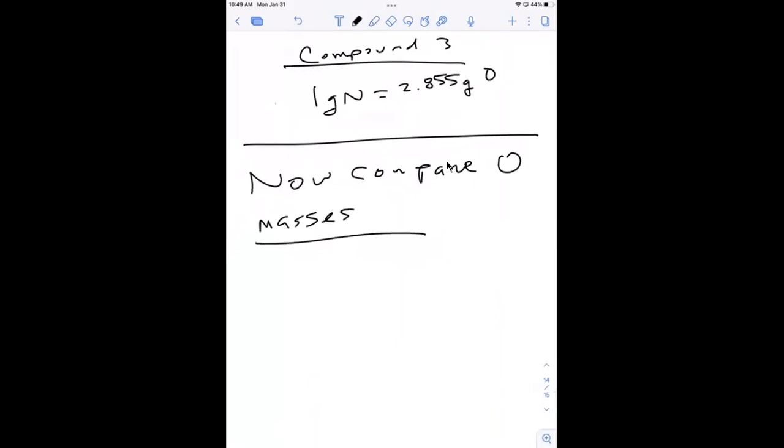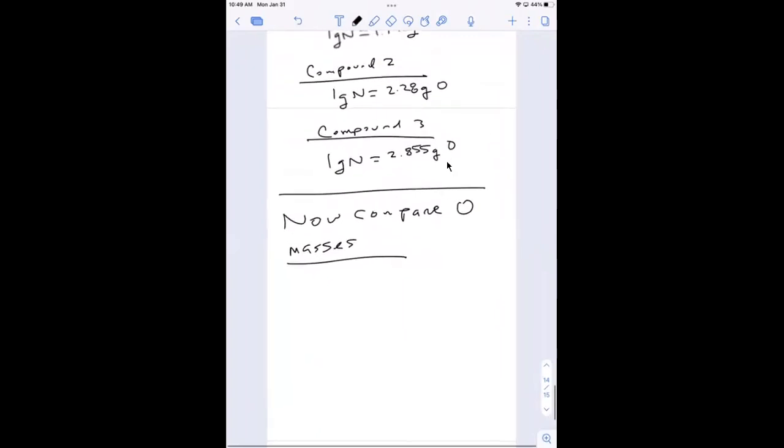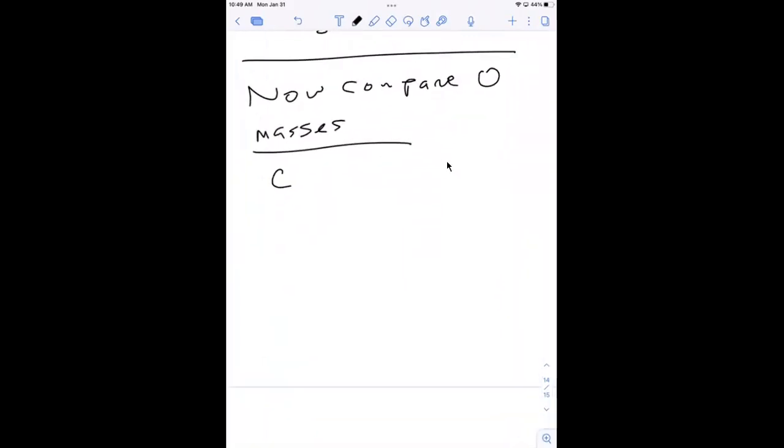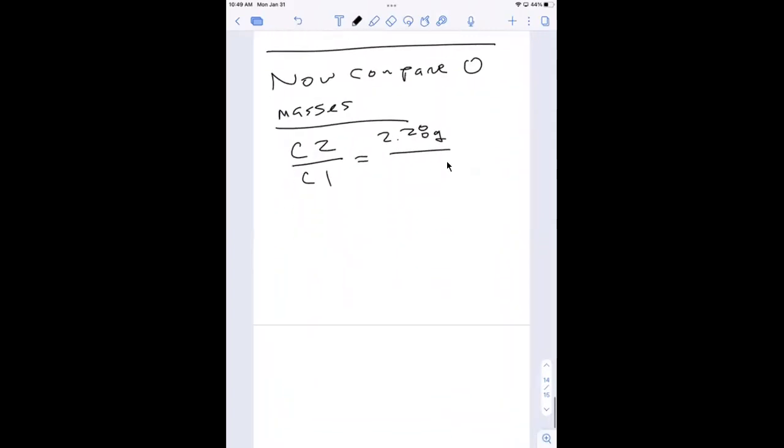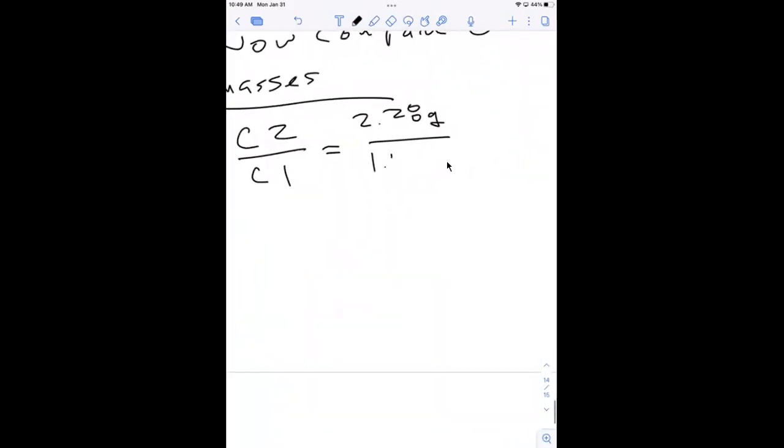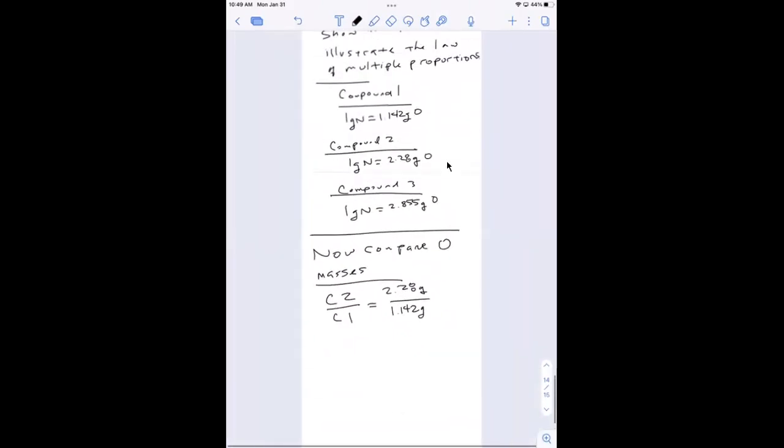Compound 2 over compound 1 is 2.28 grams divided by 1.142 grams. Is that right? Compound 1 was 1.142 and compound 2 was 2.28. Somebody calculate that for me.